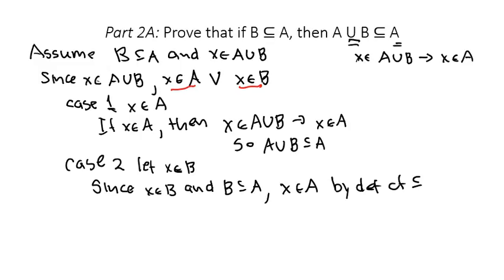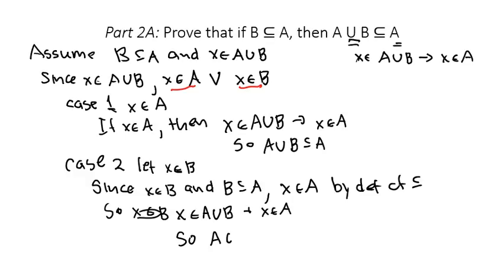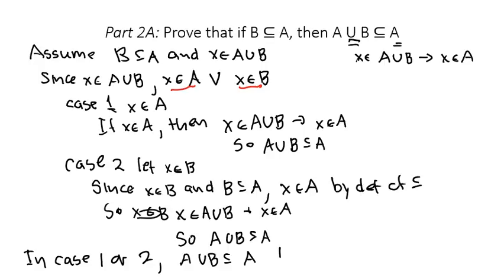So again, X is in B, that implies X is in A. Well, actually, we started out with X is in A union B implies X is in A. Because we said case 1, if it's in A, well, we know that it's in A. If it's in B, but B is a subset of A, so we know it's in A. So again, we have that X is in A union B implies X is in A. So A union B is a subset of A. So in either case 1 or case 2, we can say that A union B is a subset of A, and we're done there.